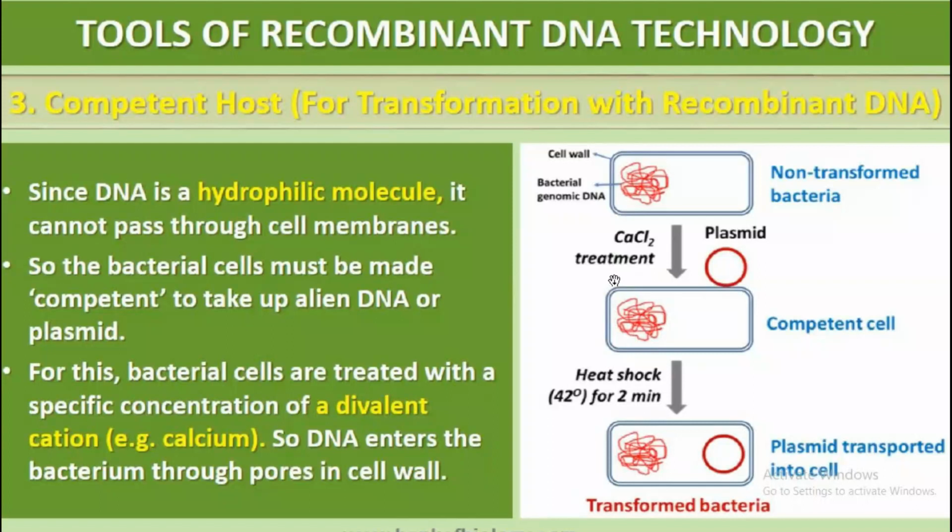In order to do that, bacterial cells are treated with a specific concentration of a divalent cation, for example calcium. When it is treated with calcium, pores are formed, so DNA enters the bacterium through pores in the cell wall.